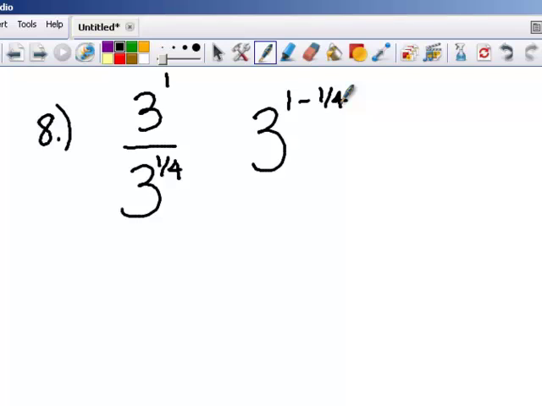And in the calculator, we're going to put 1 minus parenthesis 1 divided by 4. And I get 0.75. Hit math, enter, enter, and we know that it's 3 to the 3/4. And I can already tell you that there's no way this is going to have a whole answer because the 4th root of a 3, that's going to be a decimal right away. So this would be the overall answer here.